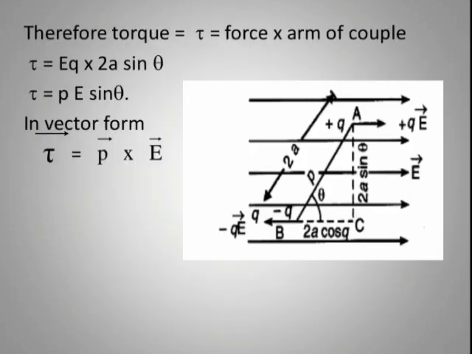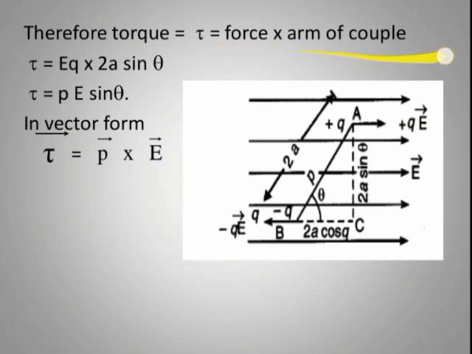Now let us understand the formula of torque. Torque is given by force into arm of couple. Arm of couple can also be understood as the distance between the two forces, or the perpendicular distance. If I consider this is a force, the distance between them is perpendicular to the force, at 90 degrees.